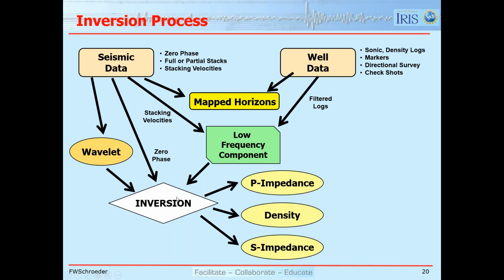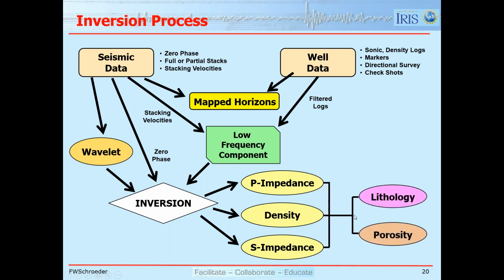When we do the inversion, we may take it a step further and try to solve for P impedance, for density, and for S impedance. So that's the basic process that we will use to get inverted data.